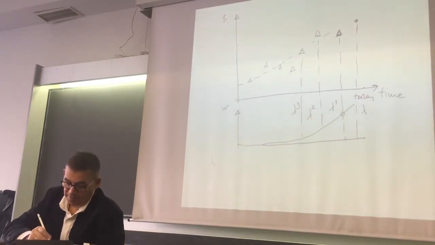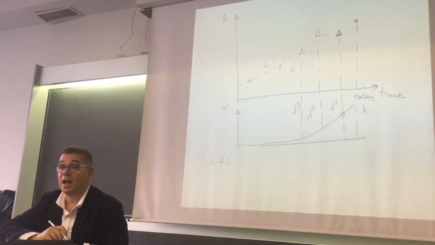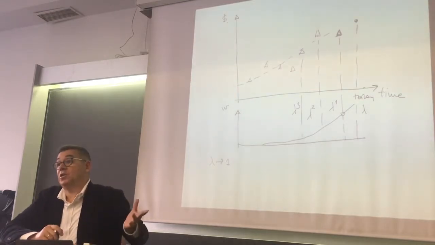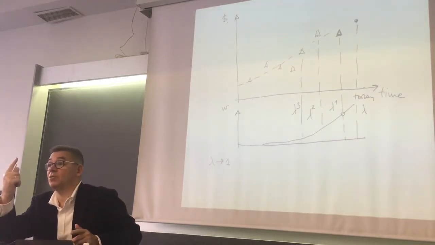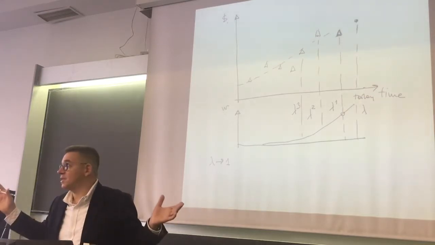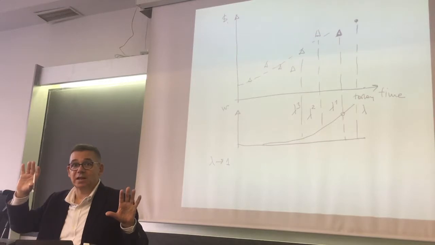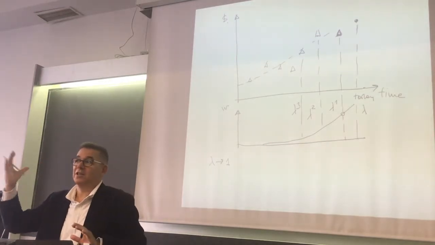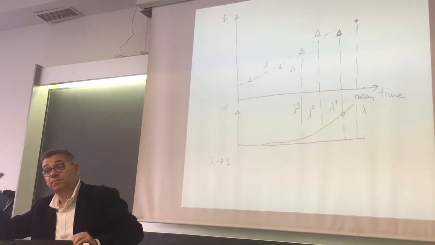Now, if lambda is ideally equal to 1, then I'm weighting everything with the same weight, so I'm not weighting anything. If lambda is very close to 1, then I'm weighting the recent more than the past.